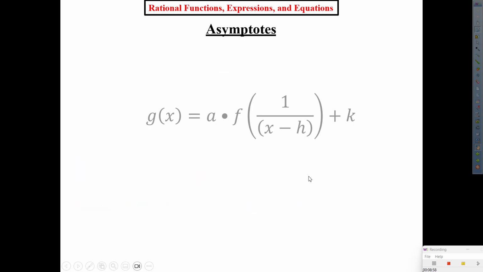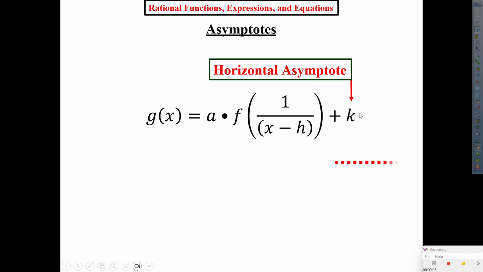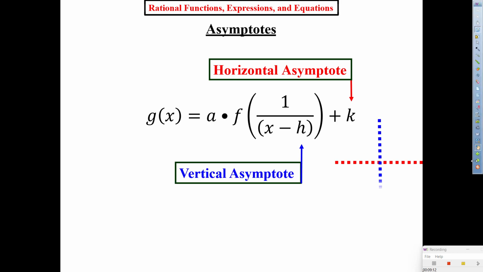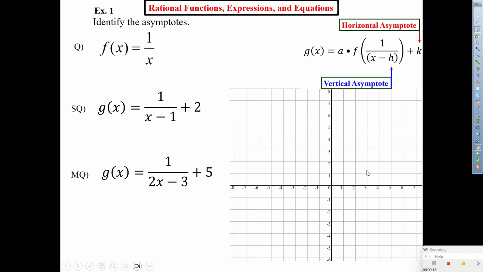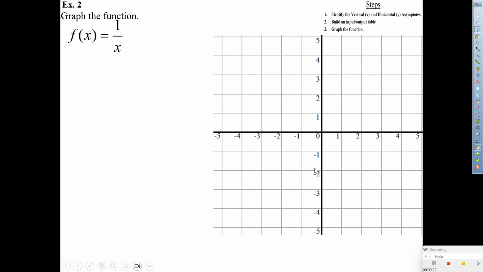So, from our form, K is our horizontal asymptote, a dotted line going sideways. Our H is our vertical asymptote, a dotted line going up and down. You guys remember that, yes?